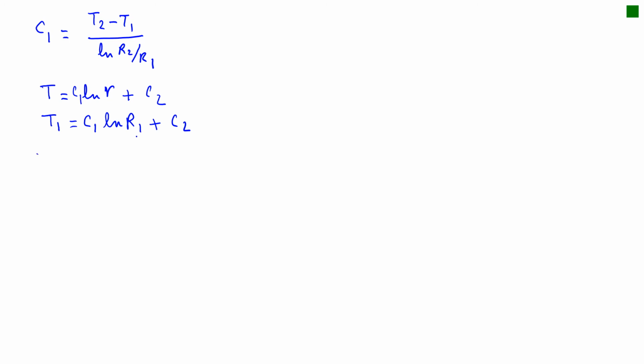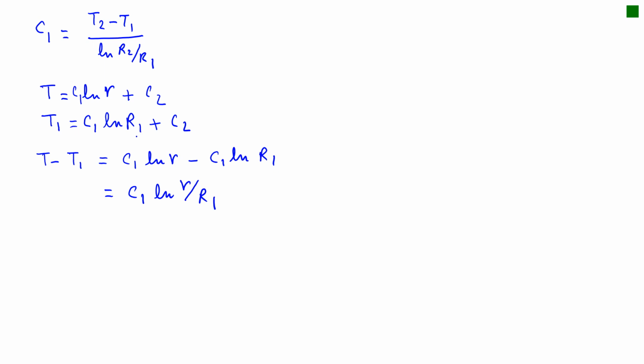If we subtract, we get T minus T1 equal to C1 natural log of r minus C1 natural log of r1, which is equal to C1 natural log of r over r1.